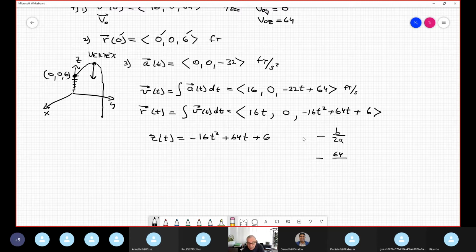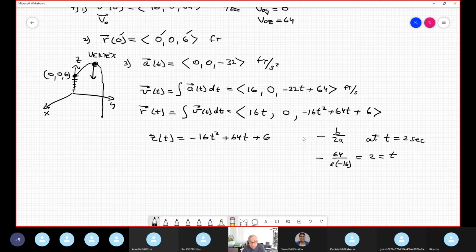And divided by 2 times negative 16. And of course, the number que gives me here is 2. Okay, double negative becomes positive, 32, 64, 2, represents the time, que es 2 seconds, ¿no? O sea, at t equal 2 seconds, the parabola, o sea, the parabolic motion, gets the maximum value, no?